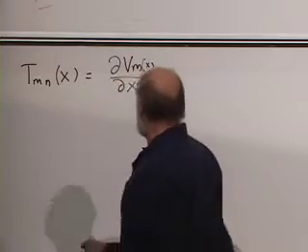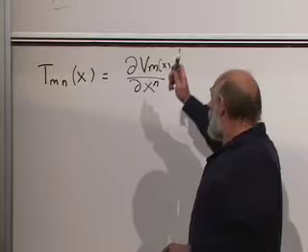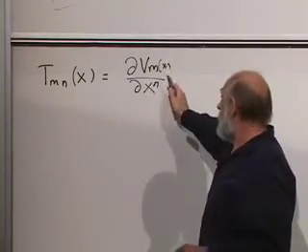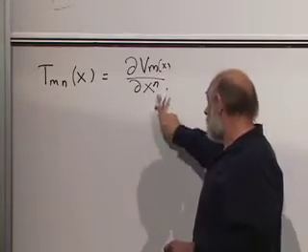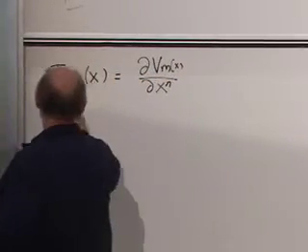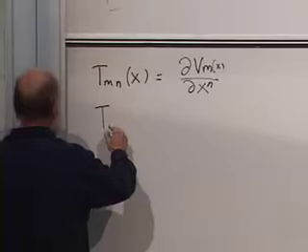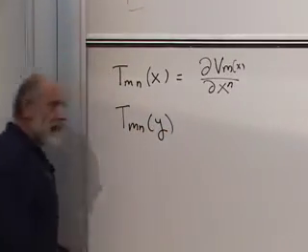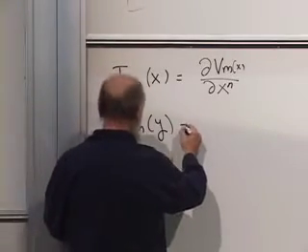We have an object which I tell you is a tensor, and it happens that in the x-coordinate system, its components are the derivative of v with respect to xn. Let's ask, what must its components be in the y-coordinate system?